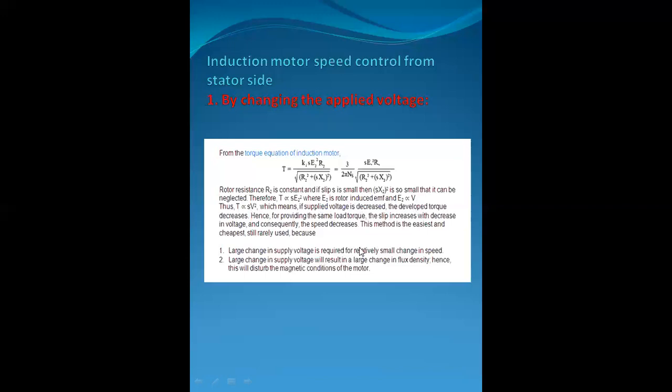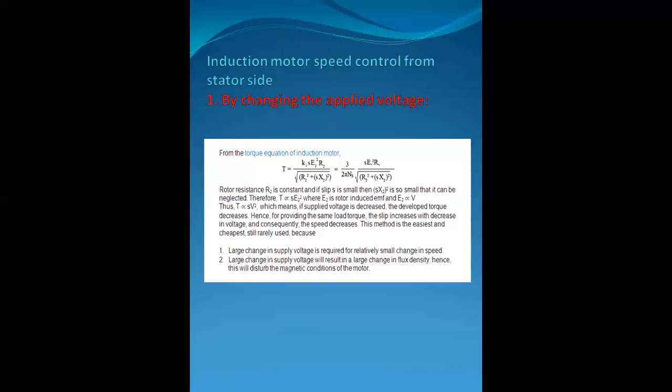Hence, for providing the same load torque, the slip increases with decreasing voltage, and consequently the speed decreases. This method is the earliest and cheapest, but it is rarely used because a large change in supply voltage is required for a relatively small change in speed.